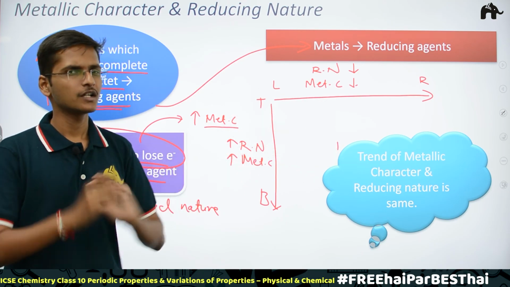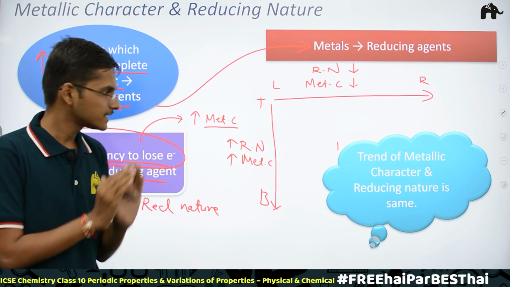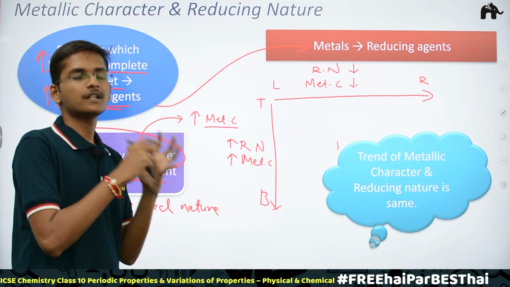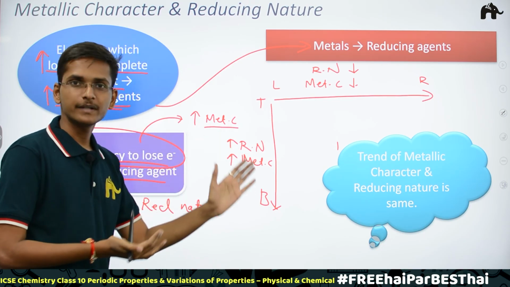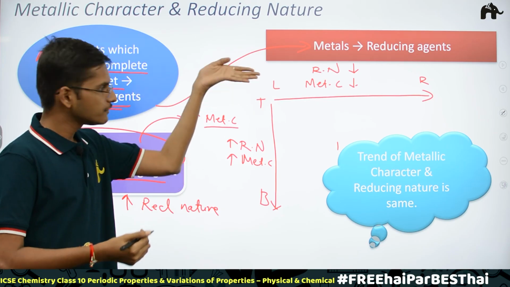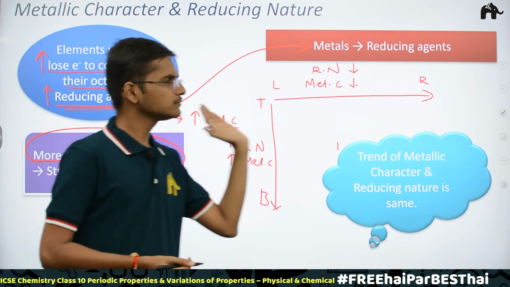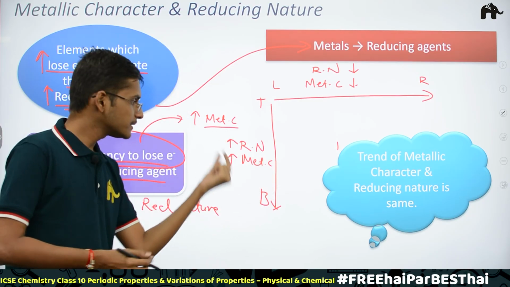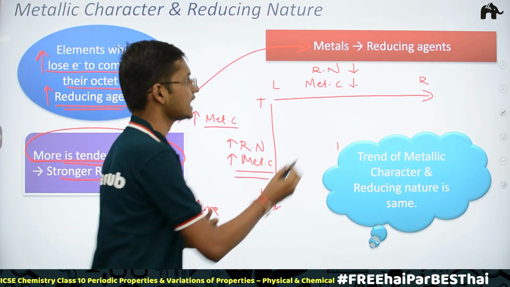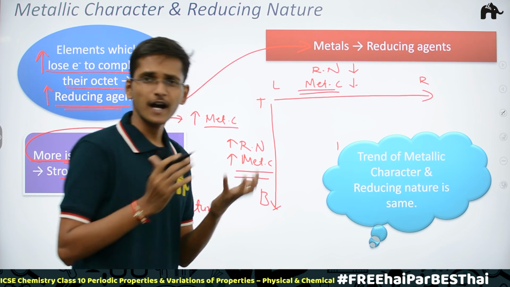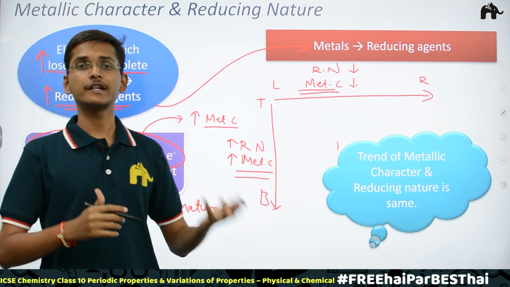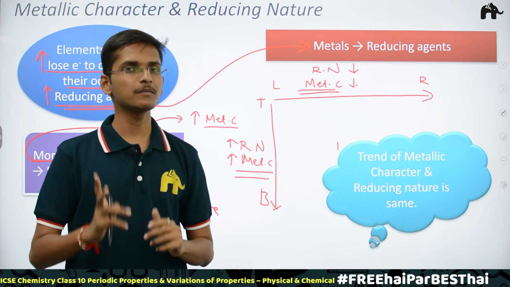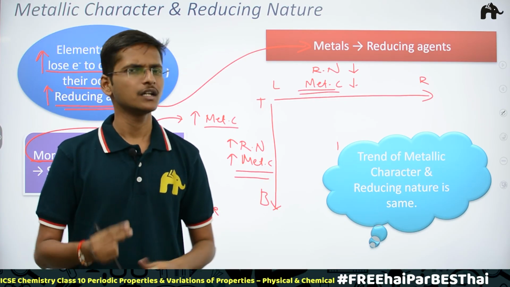The trend of reducing nature of the elements, when we move from top to bottom or from left to right, in a period and in a group, will be similar to the trend of metallic character. So if someone asks you the trend of reducing nature of the element from left to right, you just have to remember the trend of metallic character and your work is done.